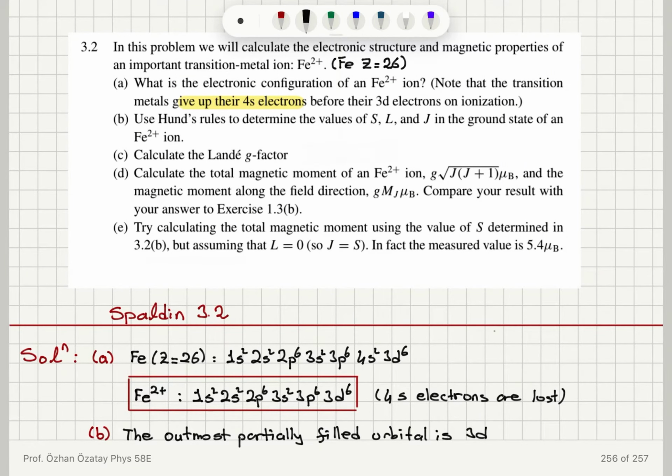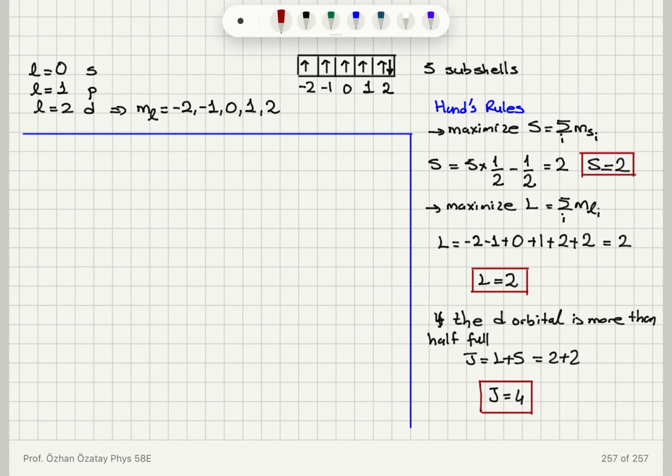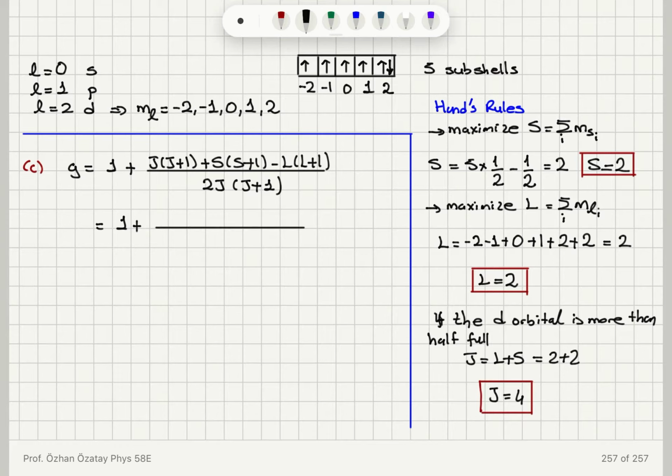In part C, we're going to calculate the Landé g factor. So the Landé g factor is equal to 1 plus [J(J+1) + S(S+1) - L(L+1)] divided by 2J(J+1), and this is going to be equal to 1 plus (4 times 5 + 2 times 3 - 2 times 3) over (2 times 4 times 5).